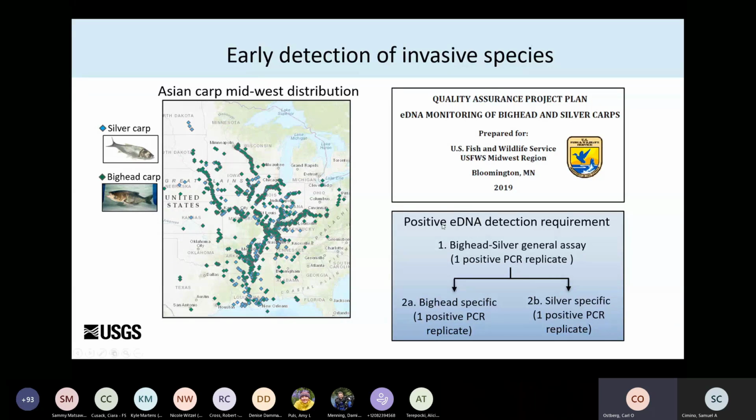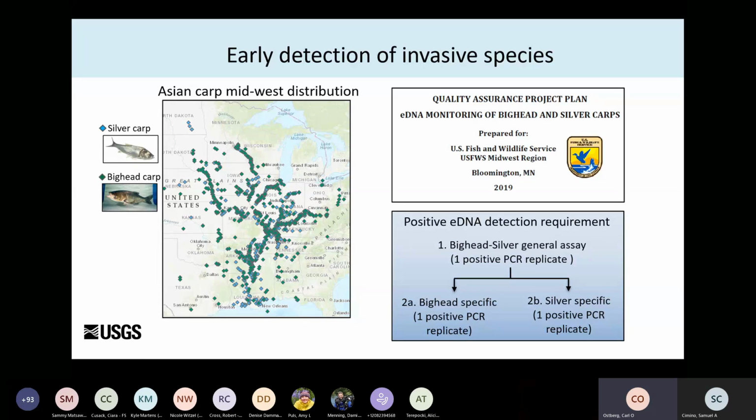We start off with the general assay here, and then if there is a positive in that assay, that triggers a second assay to be performed. That is an assay specific to the bighead carp, and then another assay that's specific to the silver carp.